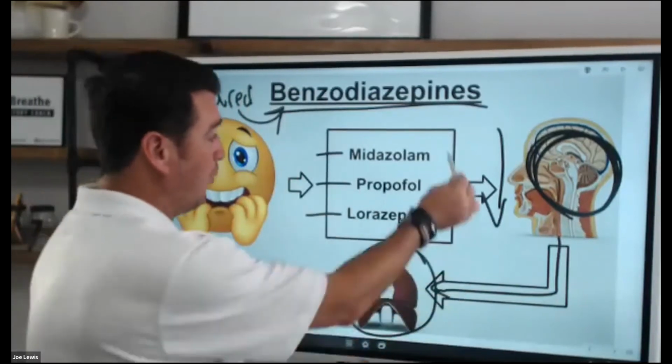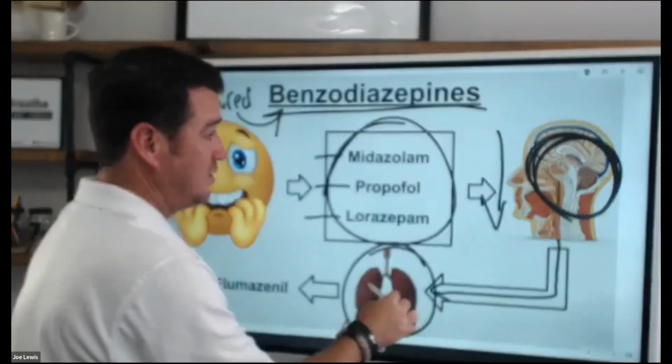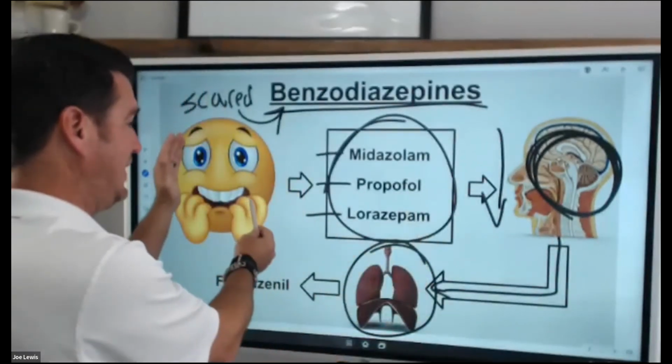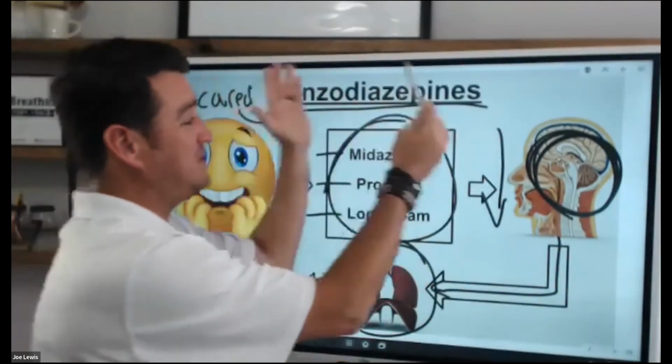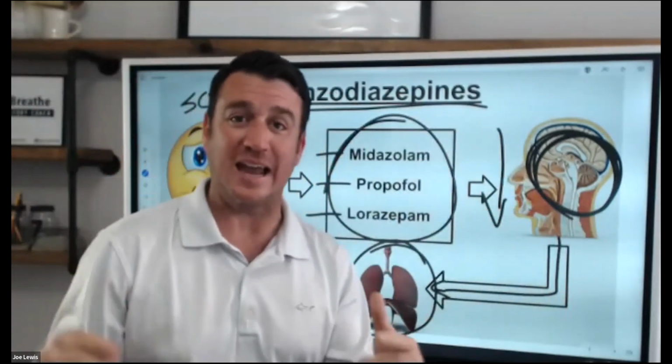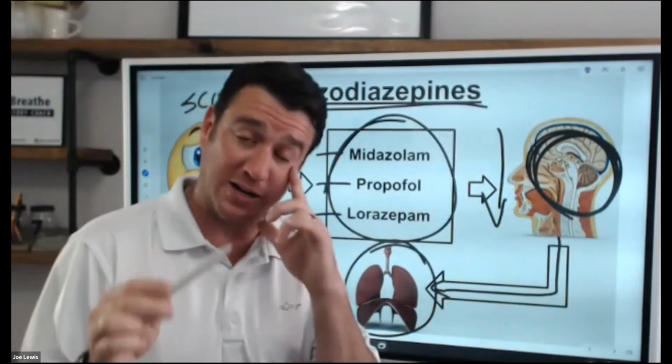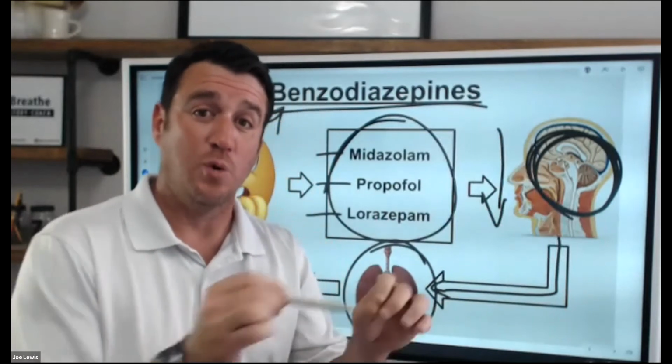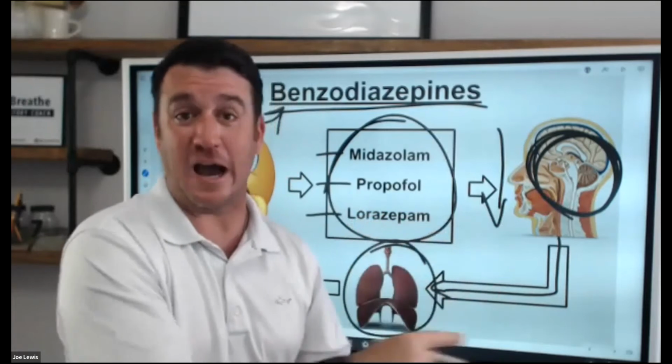Again, appropriate administration to reduce the feeling of being scared, but not to the level of suppressing neural drive to breathe, because that comes with complications. And we're going to see here in just a little bit, it also comes with worsening patient outcomes.